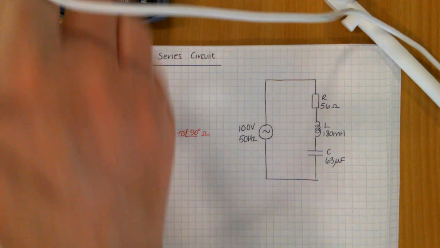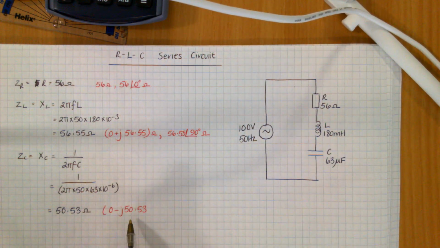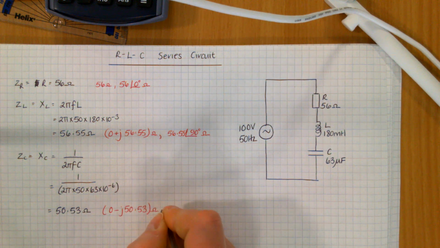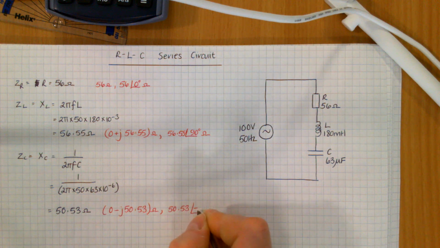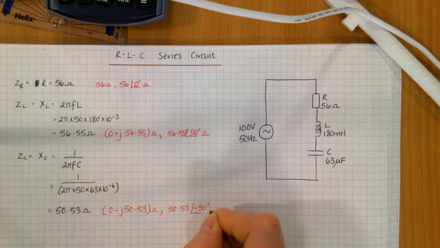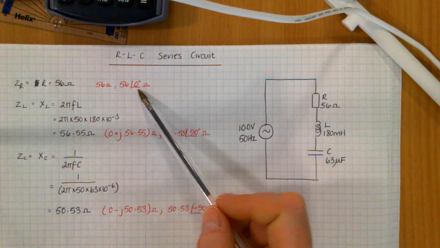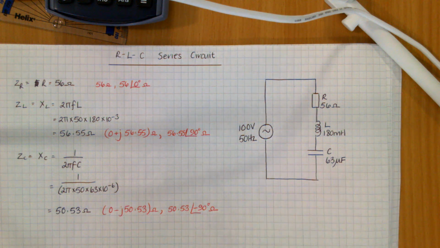Just going back to your rules, resistors are real, inductors are plus j's, capacitors are minus j's. Or if you want that in polar form, the angle is minus 90. Again, just from your rules. So resistors have an angle of 0, inductors an angle of 90, capacitors an angle of minus 90.